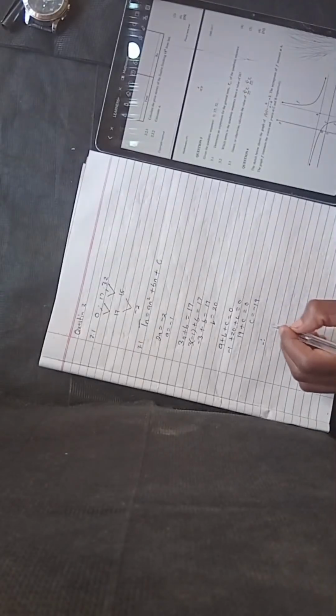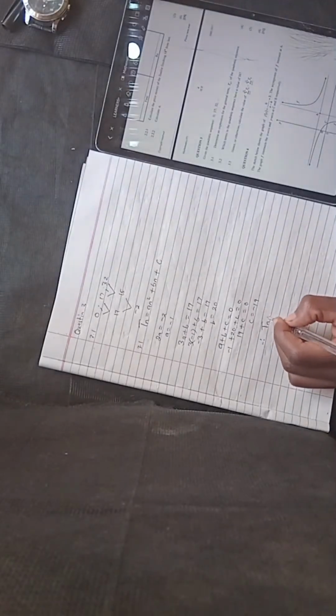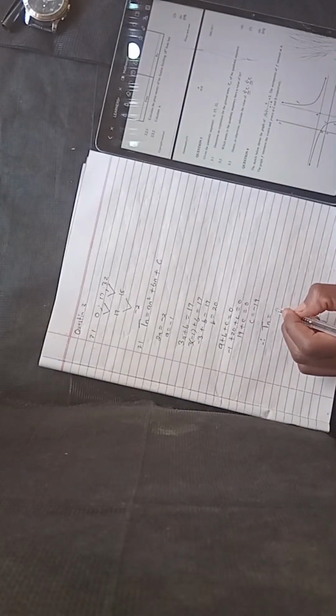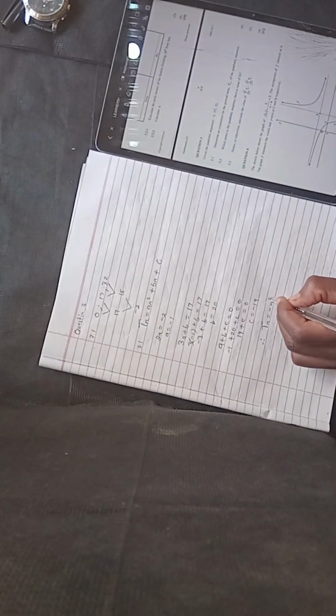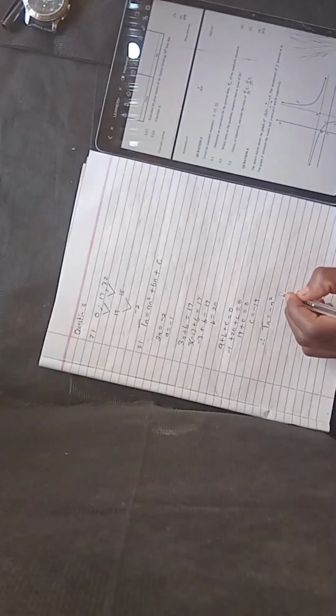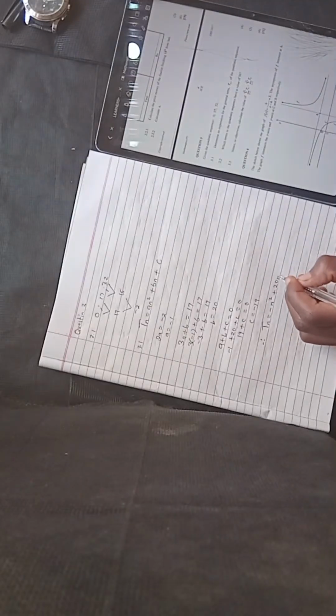Therefore, Tn is equal to minus n squared plus 20n minus 19 is the general term of the sequence. Minus n squared plus 20n minus 19.